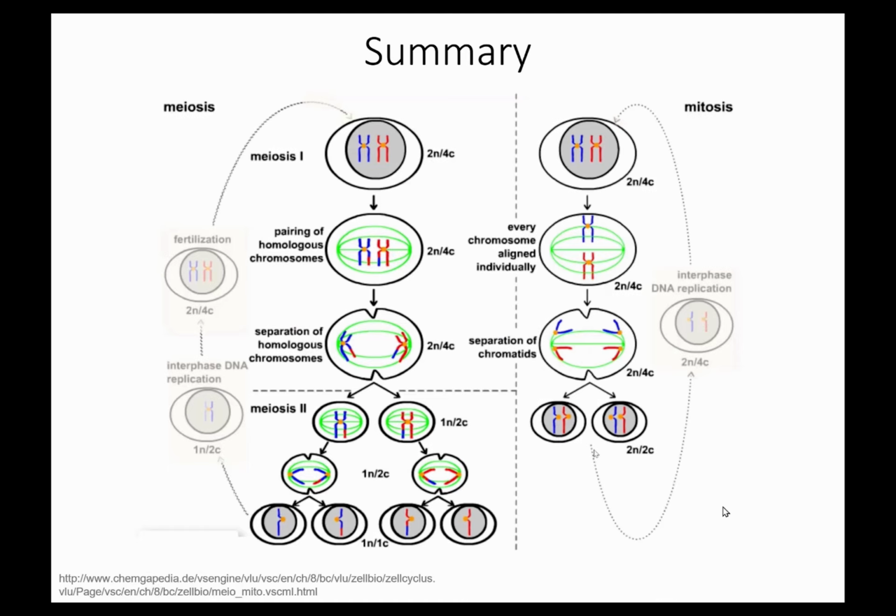This slide here is a beautiful summary of how I will test you. I'm not even supposed to put this summary up. I'm supposed to tell you the C values and all these N values, ploidy, etc. Couple that with mitosis and meiosis, and then ask you on the exam, tell me the ploidy, tell me all these numbers of what's happening during anaphase 1 or anaphase 2.